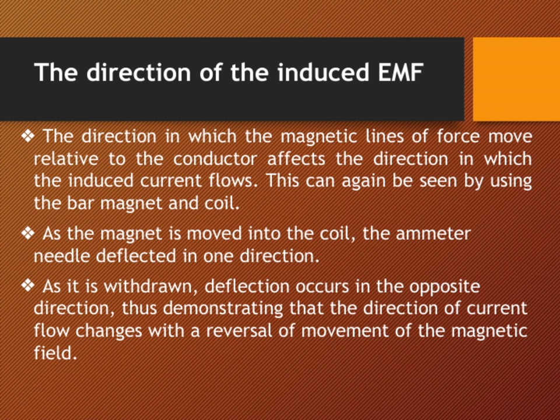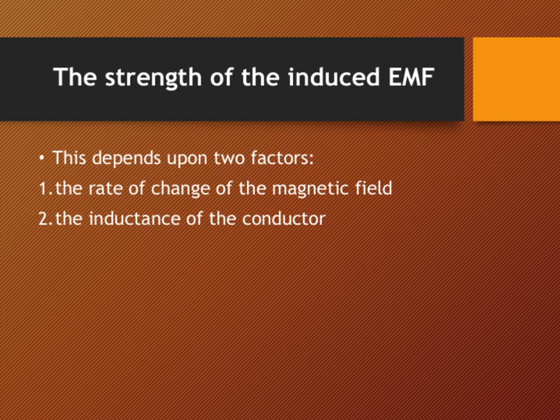The direction of the induced EMF is fundamentally linked to the motion and orientation of the magnetic field relative to the conductor. This depends upon two factors: the rate of change of the magnetic field and the inductance of the conductor. Essentially, the quicker the magnetic field changes, the greater the induced EMF will be. And at the same time, the inductance of the conductor plays a crucial role in how much voltage gets induced.